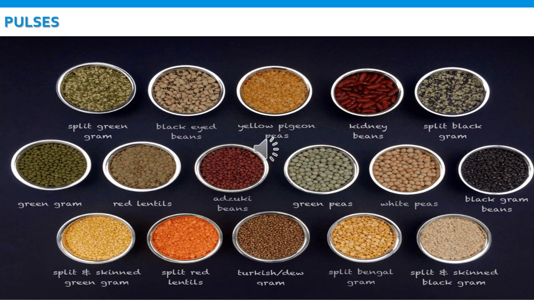Then the last one in food crops is pulses. Pulses include a large number of crops which are mostly leguminous and are rich in vegetable protein. Leguminous plants have root nodules which help in fixing atmospheric nitrogen. They are used as human food and for feeding cattle.